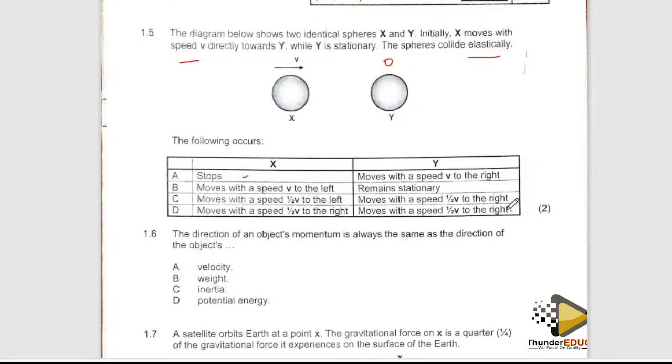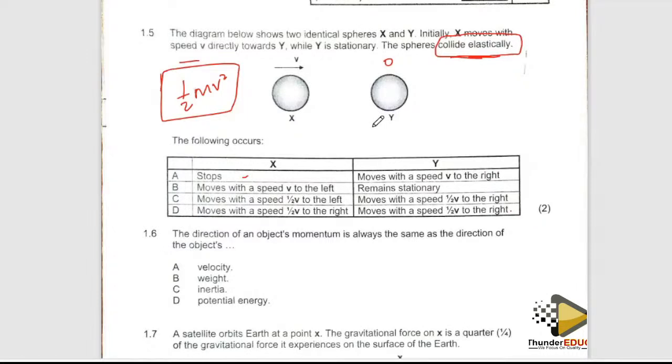So we know that when we talk about elastic collision, remember there has to be conservation of both momentum as well as kinetic energy. If I look at the total kinetic energy before collision, it's just going to be a half mv squared. There is no kinetic energy here. So this must be conserved even after the collision.